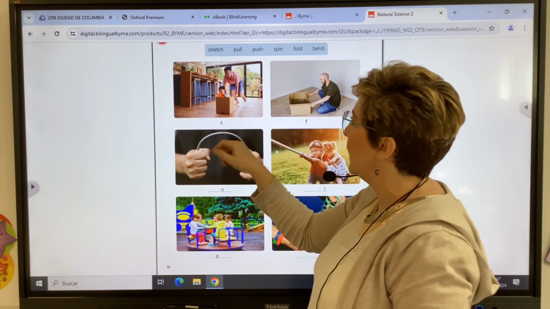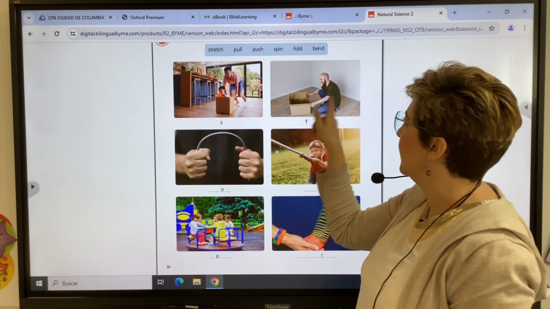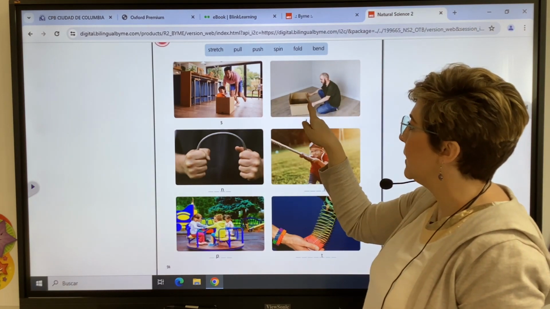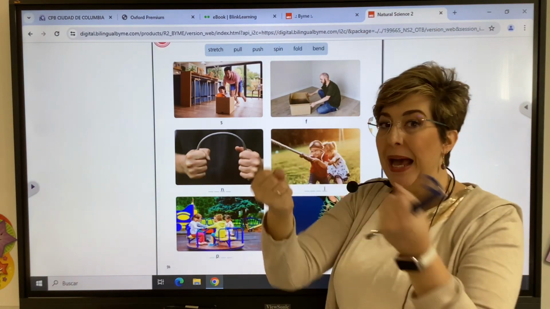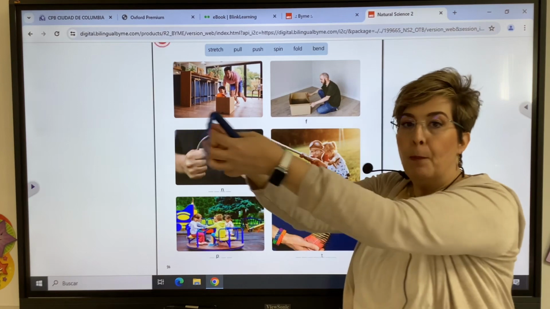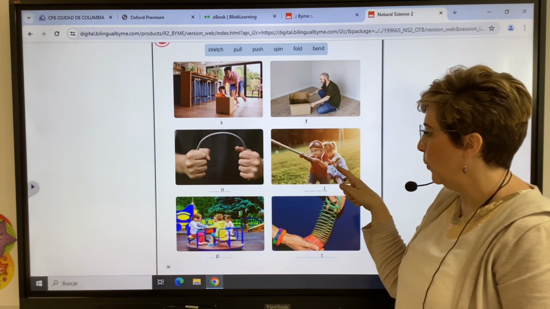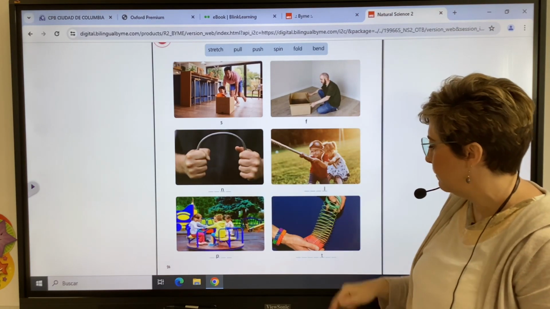So what is he doing? He is pushing the box. He is folding the box. He is bending the metal. They are pulling the rope. They are spinning around.